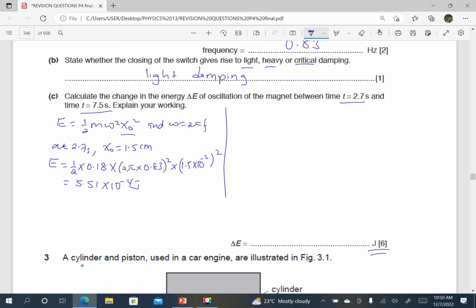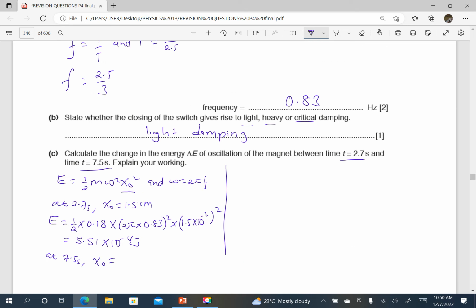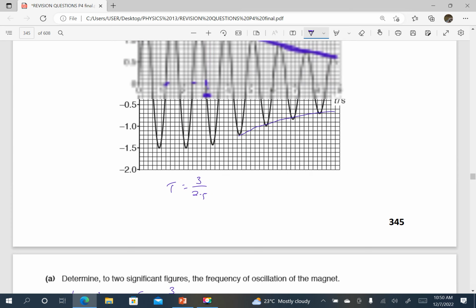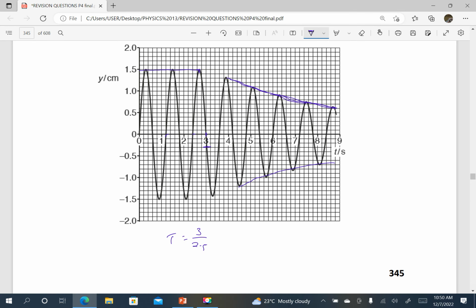I'll check also at time t equals 7.5 seconds. What is x naught? Let's check on the graph. At t equals 7.5, I think it's almost in the center here.